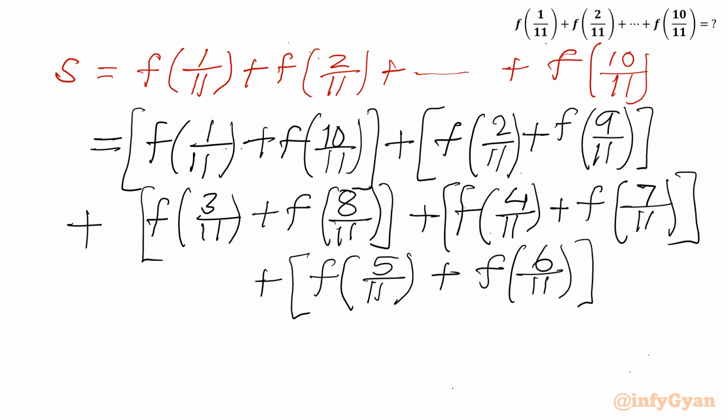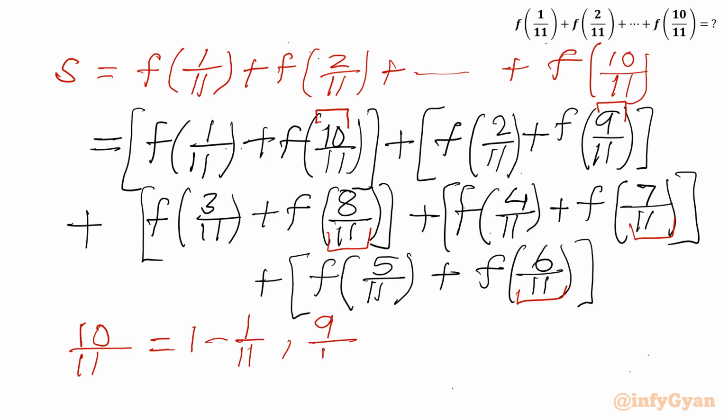Now I need to write 10 over 11, 9 over 11, 8 over 11, 7 over 11 and 6 over 11 in the form of 1 minus x. Like 10 over 11 is 1 minus 1 over 11. 9 over 11 is 1 minus 2 over 11.